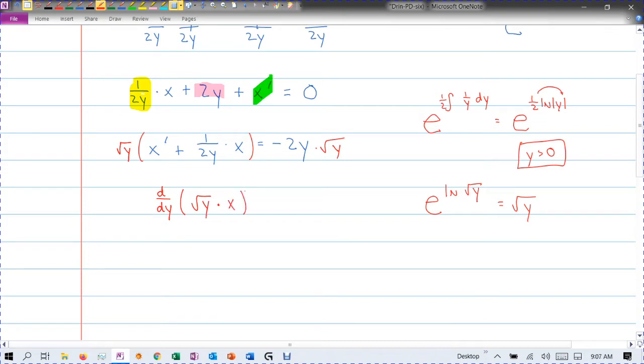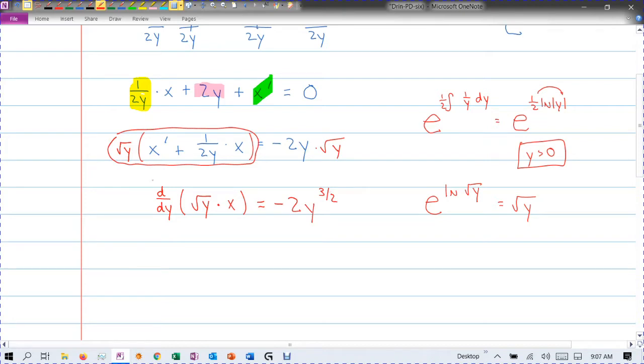You can check for yourself that if you take the derivative of that product with respect to y, you would get this thing up here if we distributed the square root of y through. And on the right-hand side, we have negative 2y to the 3/2, just using properties of exponents.